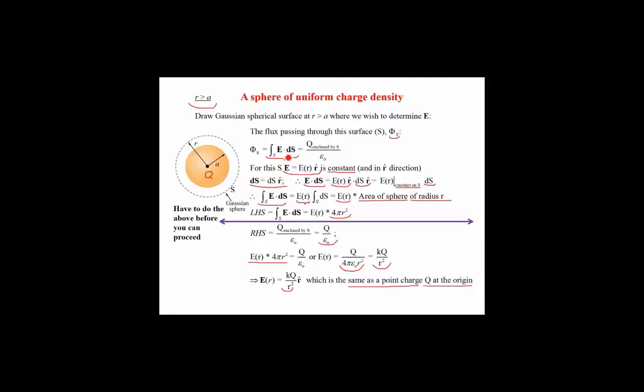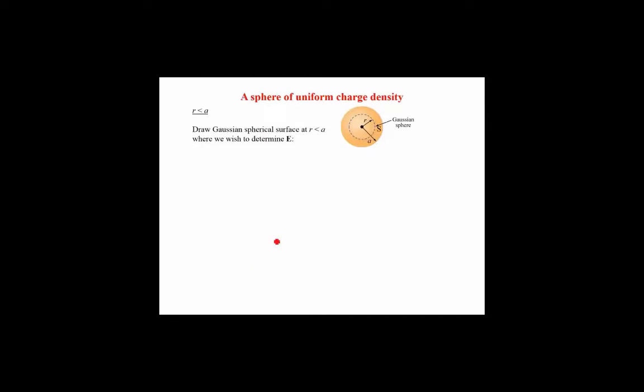The integral gave us a scalar E sub r, the E field as a function of r, times the area of the sphere. So we have the left-hand side in a form where, if we find the Q enclosed, we're able to solve for the magnitude of E, and we've already said that it's in the r direction, so this is the result. So let's go inside.